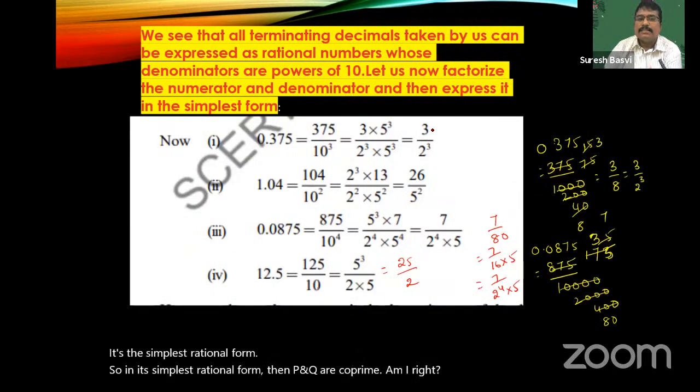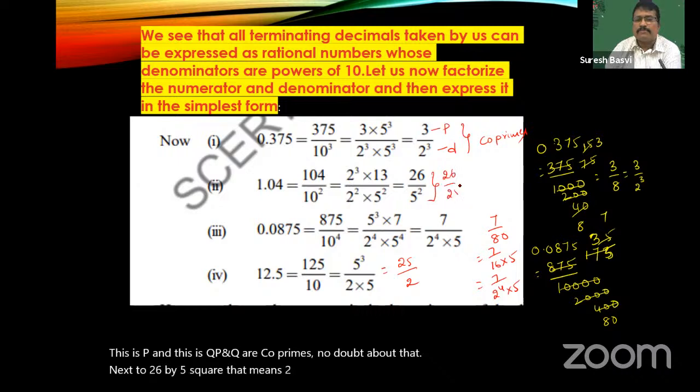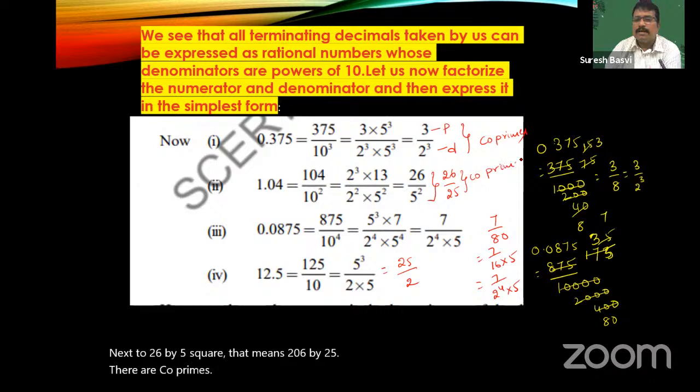See this, this is P and this is Q. P and Q are co-primes. No doubt about that. Next, 26 by 5 square, that means 26 by 25. They are co-primes. And 7 by 80, they are also co-primes.